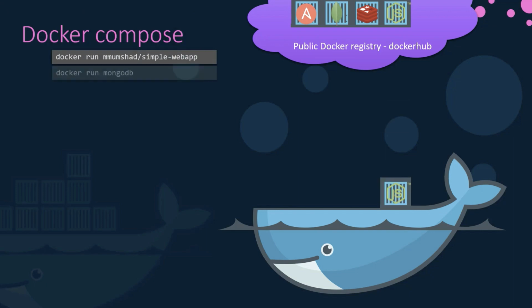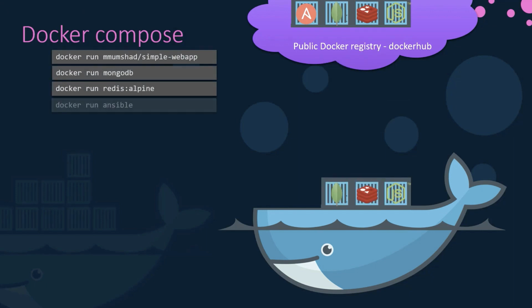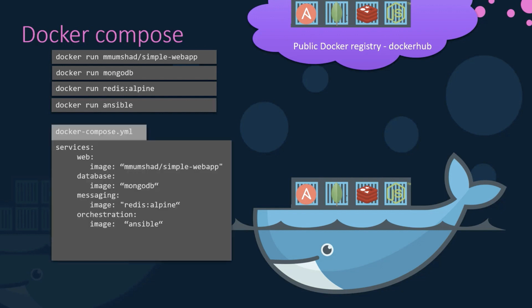If we needed to set up a complex application running multiple services, a better way to do it is to use Docker Compose. With Docker Compose, we could create a configuration file in YAML format called docker-compose.yaml and put together the different services and the options specific to running them in this file.